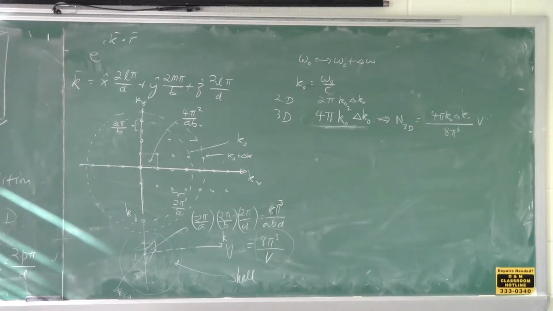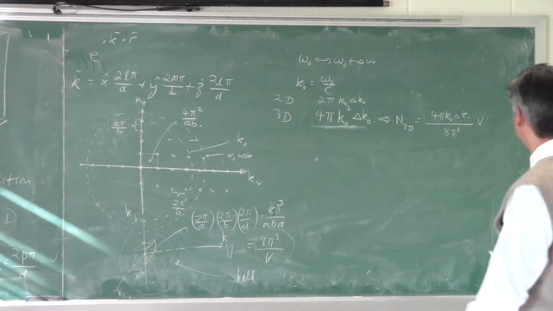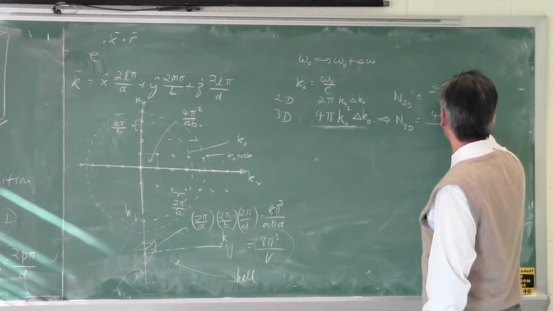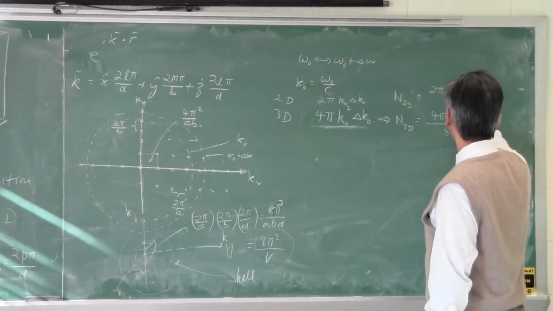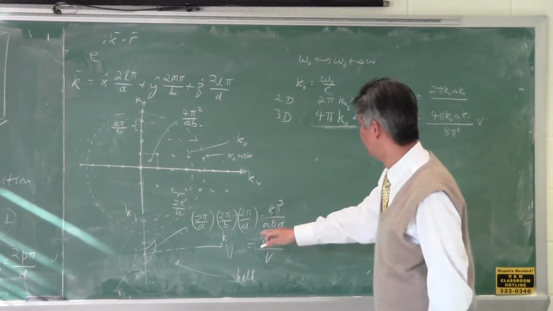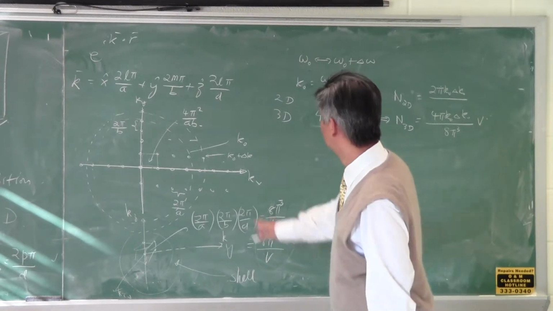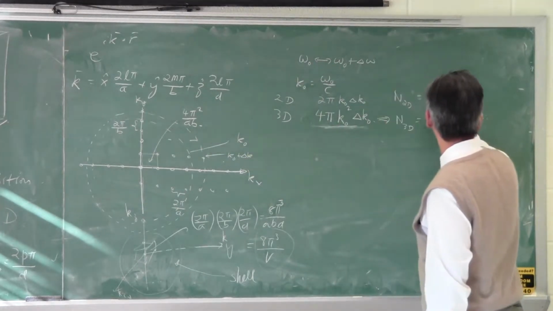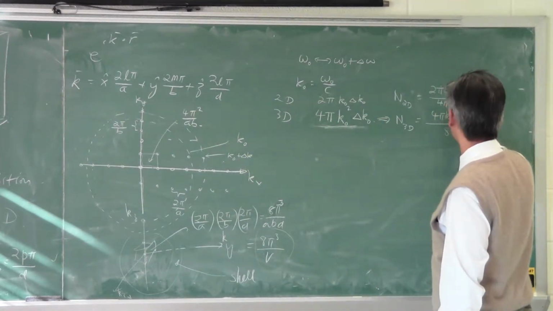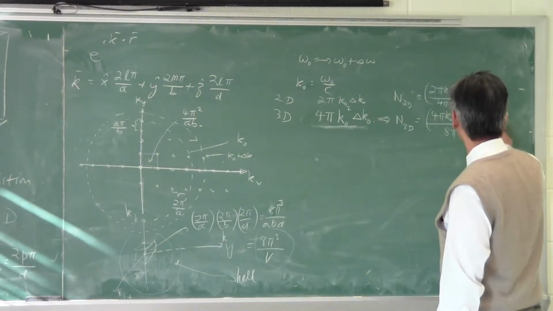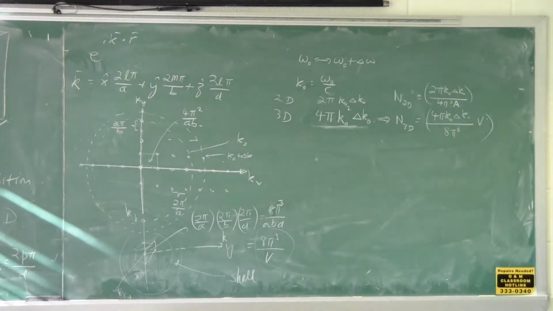Then in 2D it would be 2 pi k naught delta k naught divided by the mode area. The mode area in 2D is given by this number over here, 4 pi squared over A. So these are the two ways you can count the states.